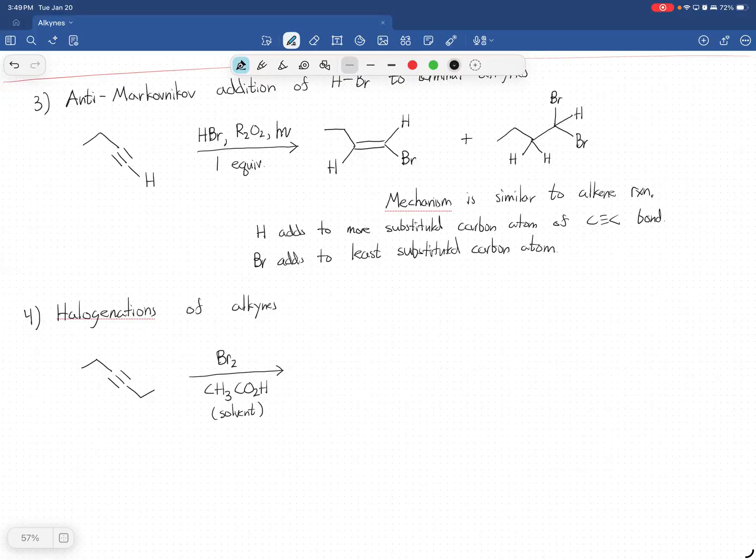So in this case, what do you think is going to happen here? Remember when Br2 reacted with an alkene, it formed a dihalo compound. Now we're actually going to form a similar thing here, except we're going to stop at the alkene stage, ideally, and then Br here, Br over here.